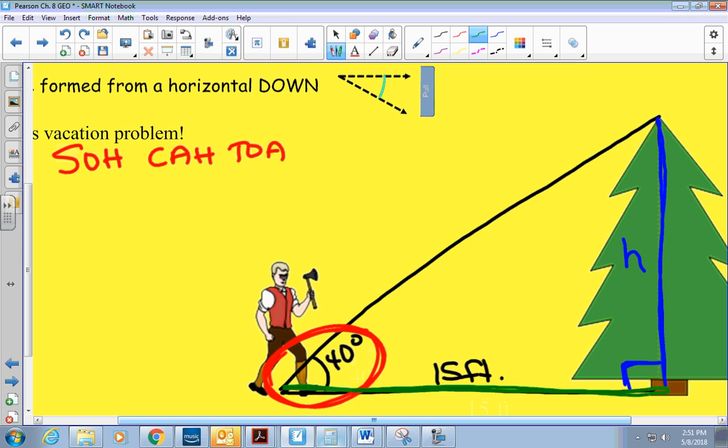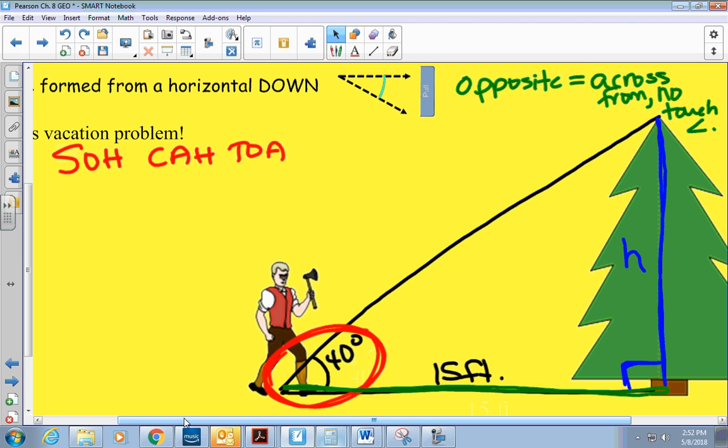I don't know. Okay, so on your paper, if you don't know, you have to write this definition down. Opposite is across from. It does not touch the angle. Opposite is across because it's not touching that line.